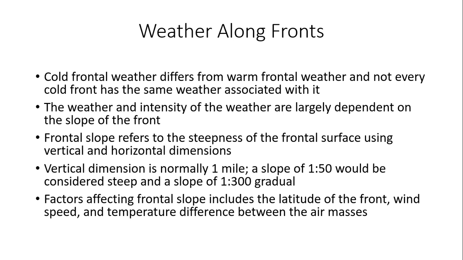So factors affecting how steep or shallow those frontal slopes are is very important. And this includes the latitude of the front, how far north or south of the equator the front is located, the wind speeds associated with the cyclone that's along the fronts, and then the temperature differences, or the contrast, of the air masses from one side of the front to the next.